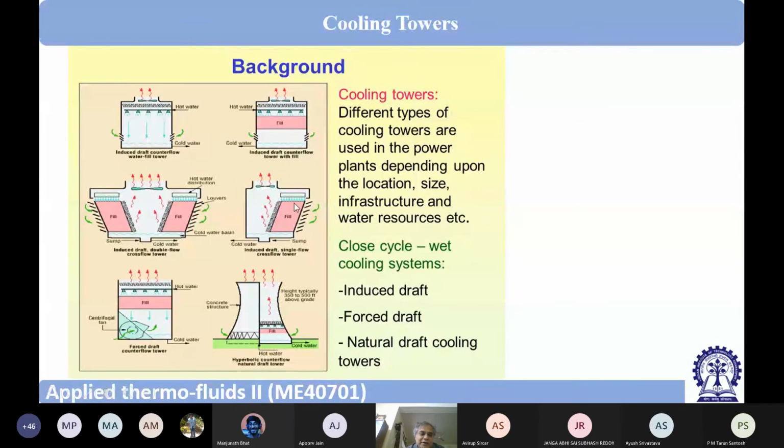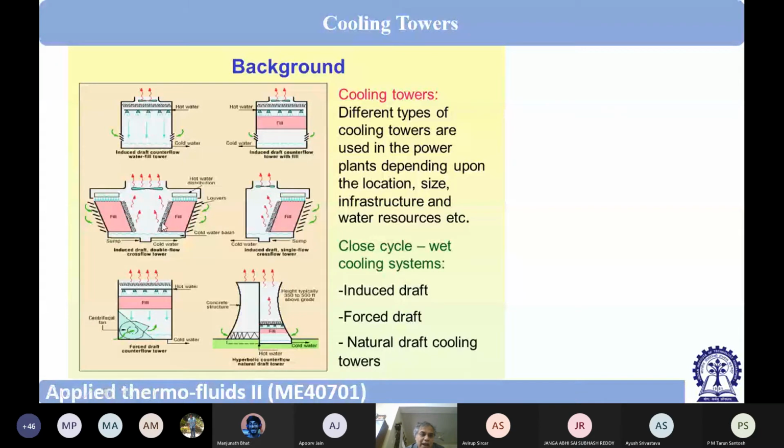In the cooling tower, as I have shown, there is a fill. Through the fill, air and water mix very thoroughly. Sometimes there need not be any fill for a small cooling tower. Here also there is a fill, and water will be sprayed or sprinkled from the top.